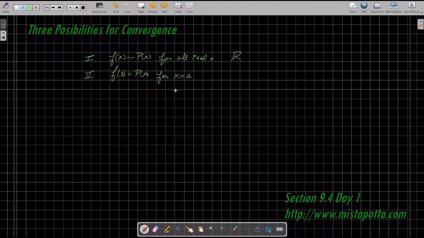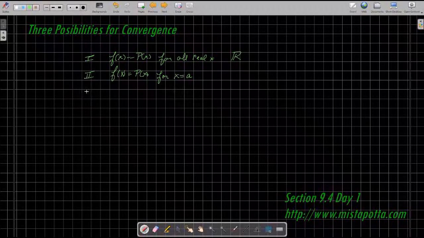When we're dealing with the Maclaurin series, a is 0, but for a Taylor series, a could be any number on our number line. It's really depressing, but there are some situations where the best we can do is a power series that equals our function only for one particular value. That also is fairly rare.